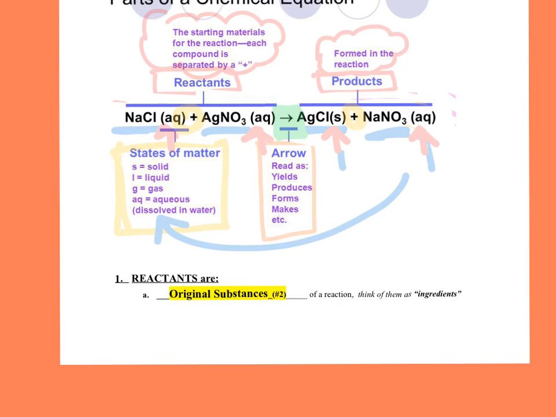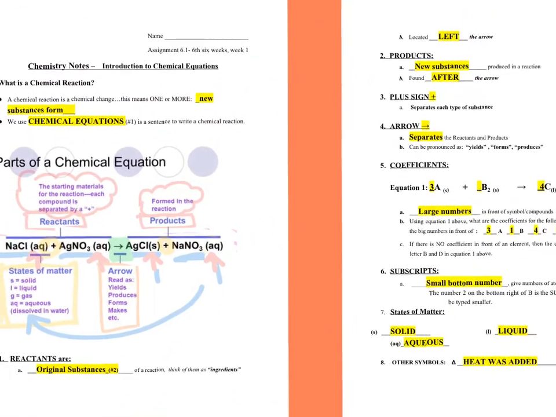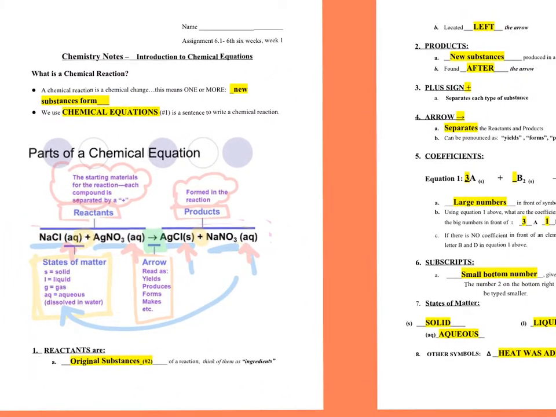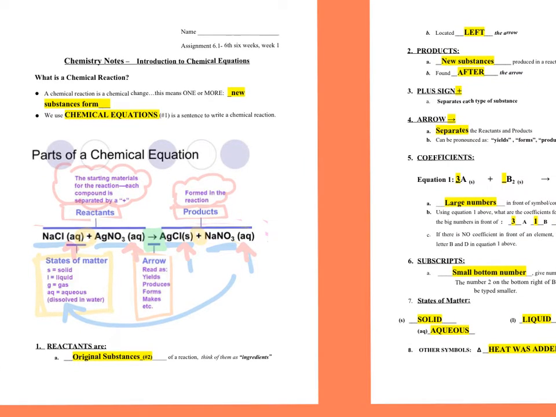Reactants are the original substances of a reaction. You can think of them as ingredients. Reactants are always going to be located on the left-hand side of the arrow. Now the products are the new substances that are produced from the chemical reaction. Products are found after the arrow.